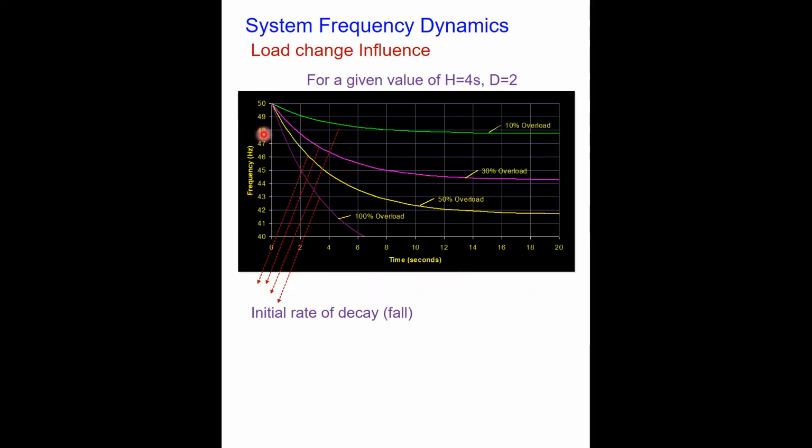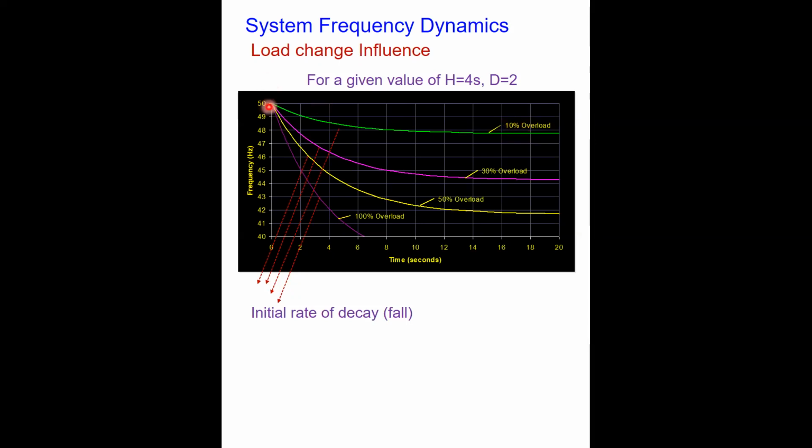You can see we want to understand how the load change will cause the frequency variation. On this scale, on the y-axis you have the frequency, and on the x-axis the time in seconds. If you have a 10% load change, it is shown for an overloading condition.